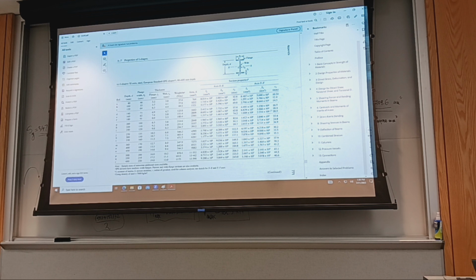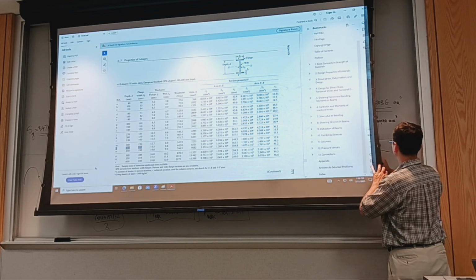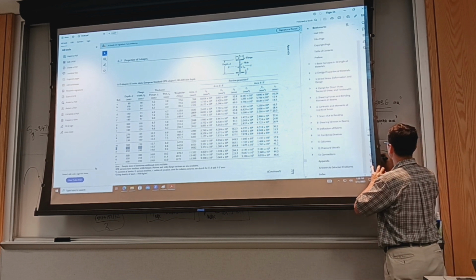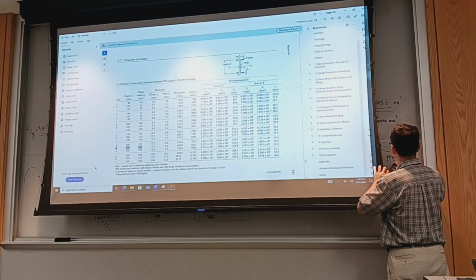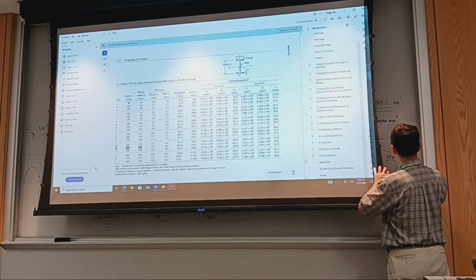So 1.161 times 10 to the power 6 and it's entry N. So how do you specify it? Yeah, IPE depth 400 millimeters. So use it for the depth.